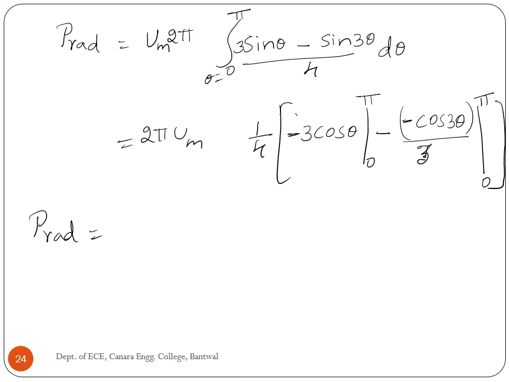Radiated power is equal to 2 pi Um 1 by 4. Apply the limit.